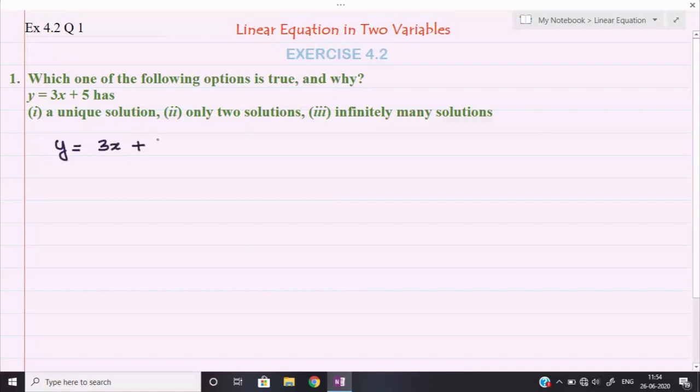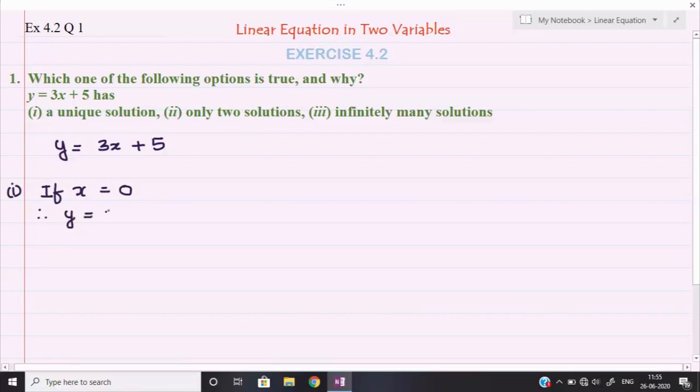Now since it is easier for us, we keep the value of x in the equation and find out the value of y. I will take the first part. If the value of x is equal to 0, then what is the value of y?